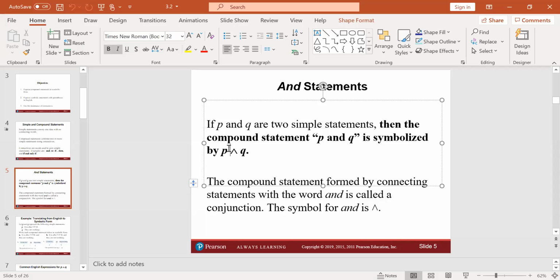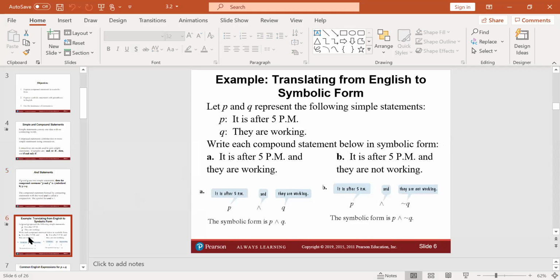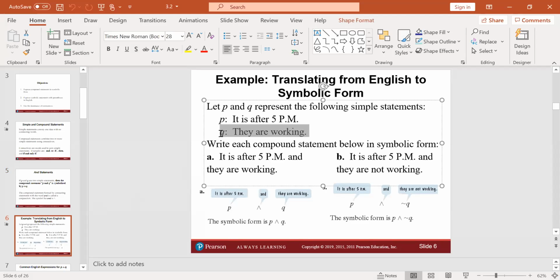So back to the PowerPoint, back to our little note set. Let's say that we have two statements. The statement P, it's after 5 p.m. Again, that statement might be true or false, but we're just talking about it in theory. Let's say Q is the statement, they are working. Who's they? Who cares? It's still a statement.